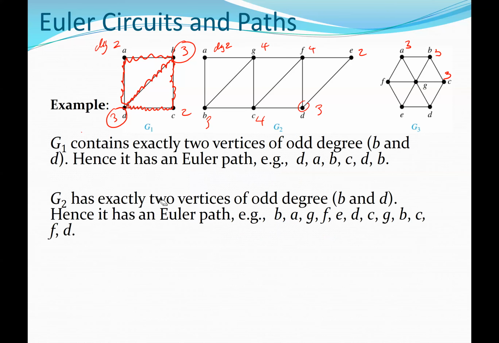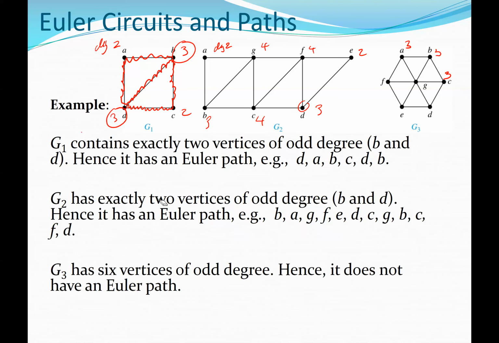As I said before, G1 just has an Euler path. Same thing with G2. All right. So that's the path you can see. And G2 has 6 vertices of odd degree, so there's no Euler path or Euler circuit.